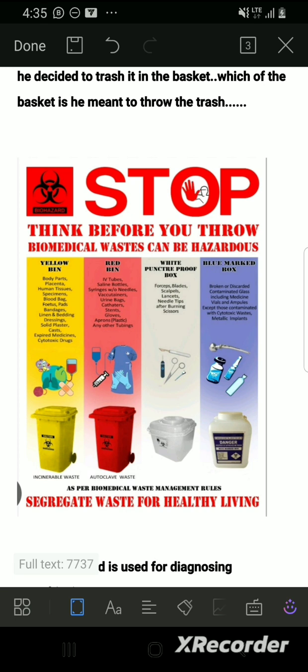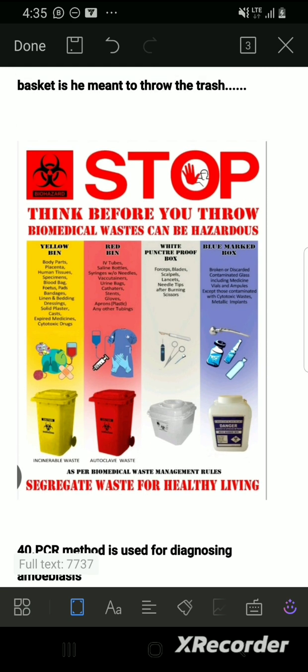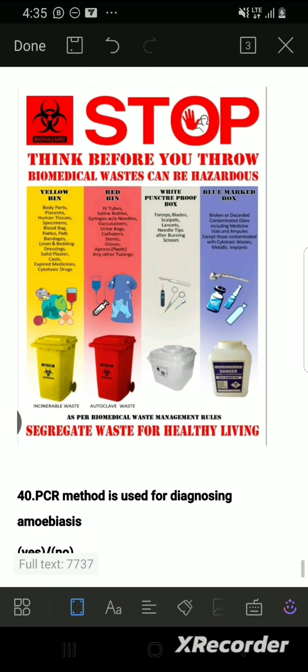Then the red bin is for IV tools, saline bottles, syringes, needles, vacuum containers, urine bags, cutters, stents, gloves, etc.